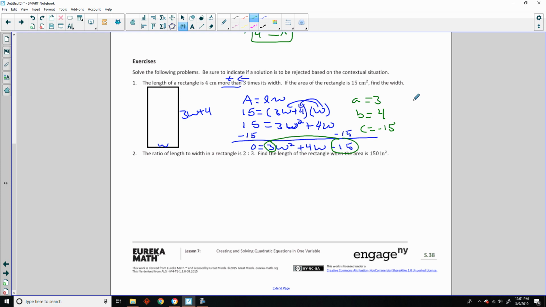I want factors of A times C, which is negative 45, and I want them to add up to positive 4. So the bigger number is positive, and the smaller number is negative.